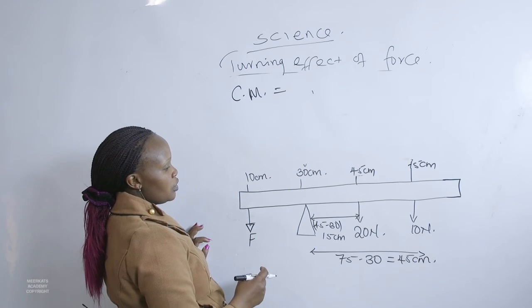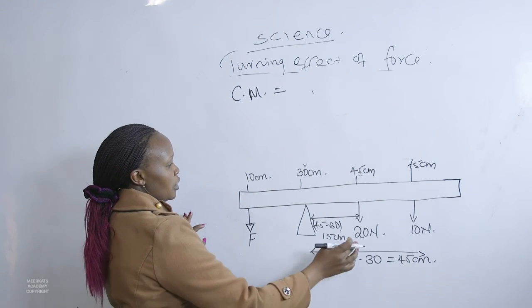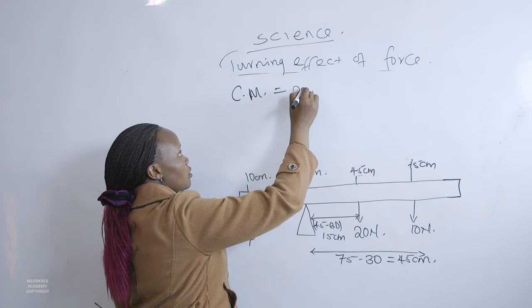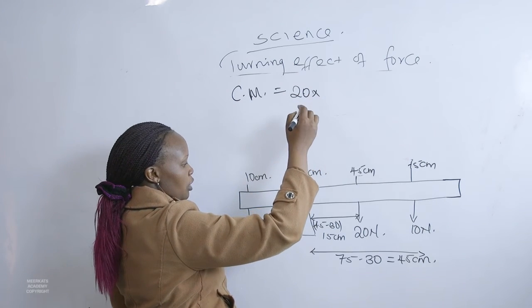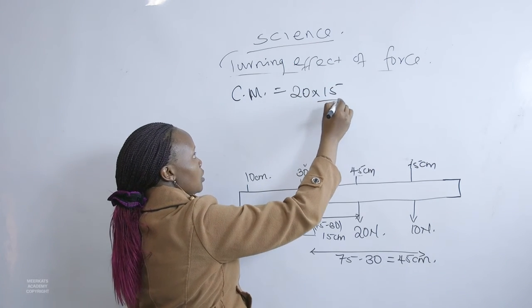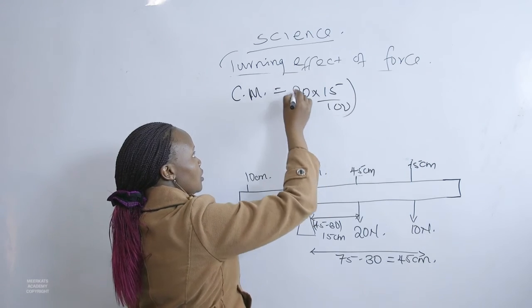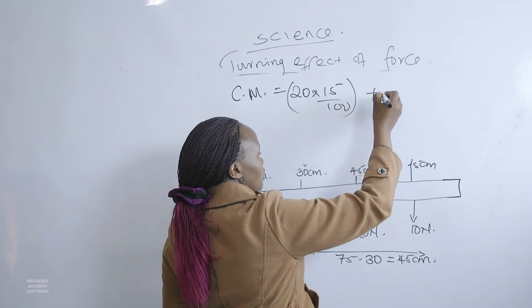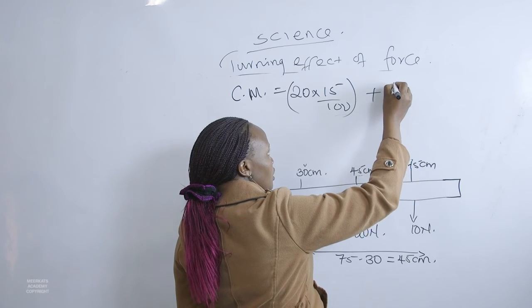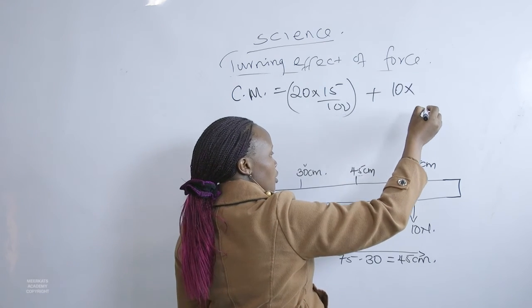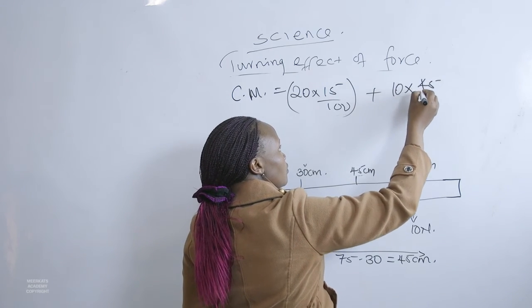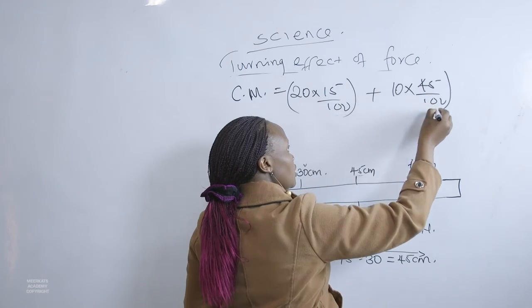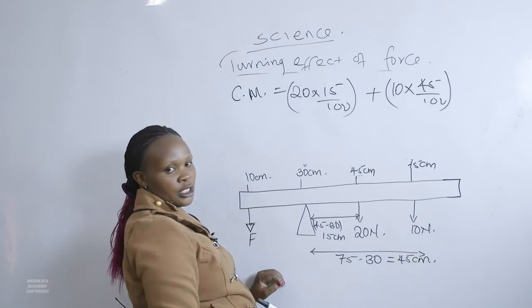Therefore, clockwise moment will be given by 20 multiplied by 15 over 100. We add to 10 multiplied by 45 over 100 meters.